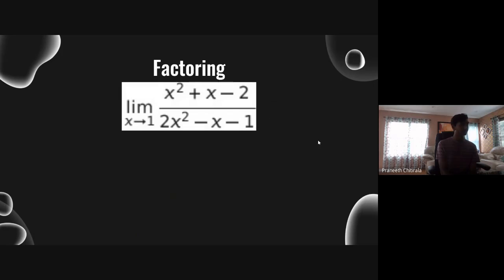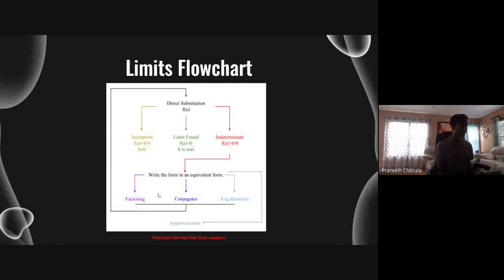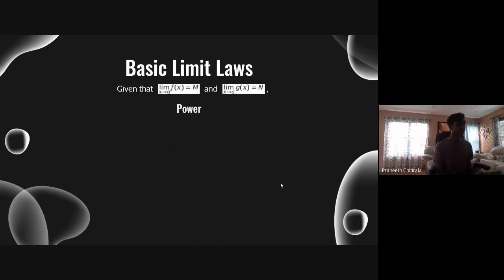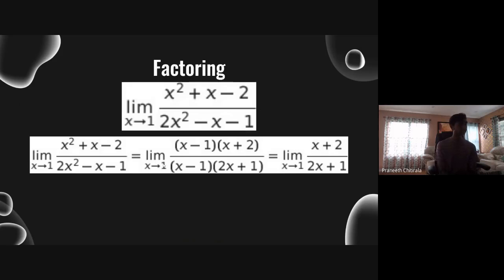So factoring, we're going to start with a factoring example based on these previous equivalent forms. We can factor the numerator and the denominator into this. So you can cancel like terms.